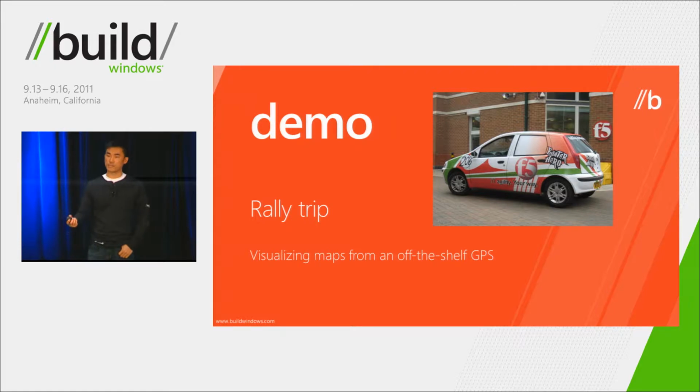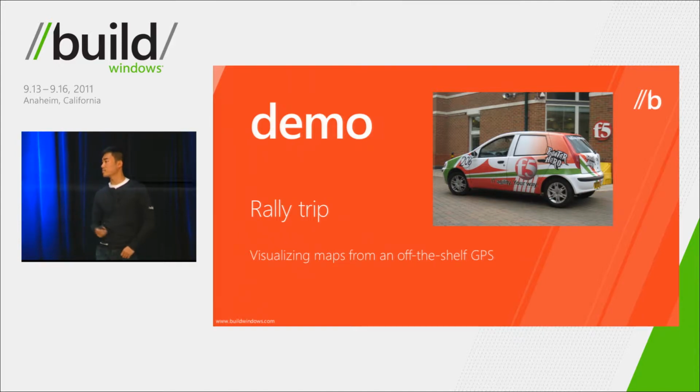During this trip, they were taking lots of pictures, blogging online, taking lots of videos, and it would have been nice if they had an easy way to share their trip as they were traveling. So we wrote this simple application to demonstrate how you can write a Metro-style app that combines information from a GPS navigation device.